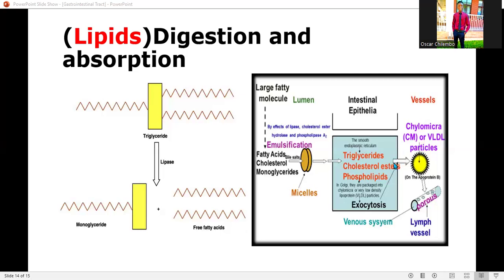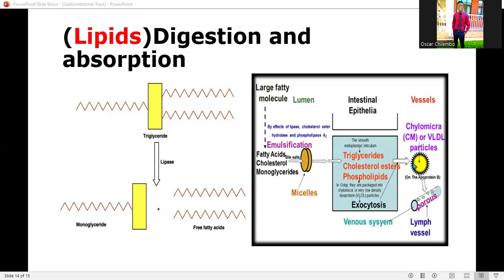Exocytosis happens on the membrane where the vesicle takes these individual components and sends them out, bypassing the interstitium. Now these chylomicrons are too large to go into the capillaries because capillaries are too small.